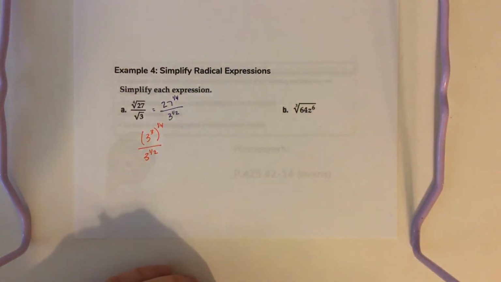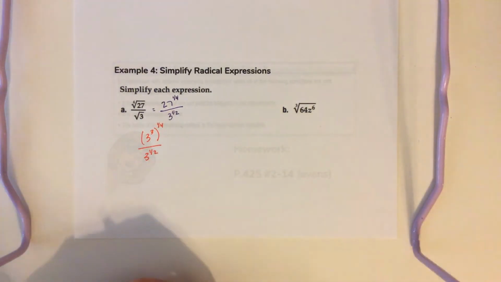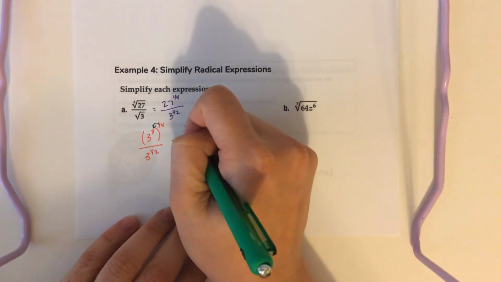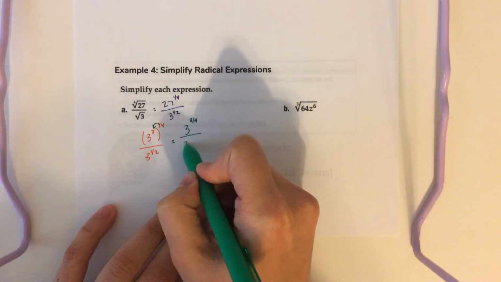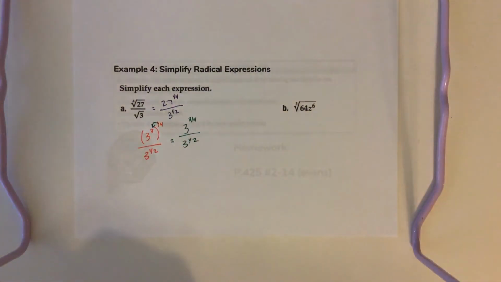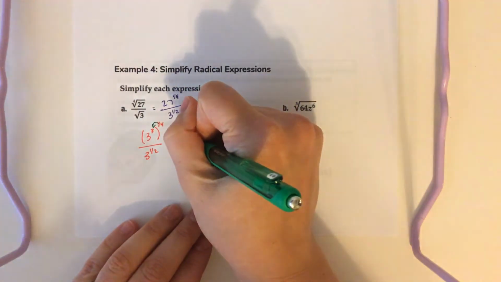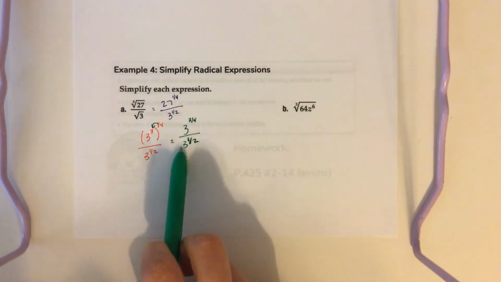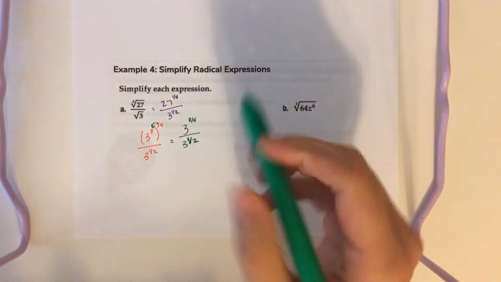Well, I know because of my exponent rules that we've been using a lot that I can just multiply these guys together to get 3 to the 3/4 power altogether over 3 to the 1/2 power. And now, if you remember way back, when we have the same base, which we do now, 3, we can subtract our exponents.